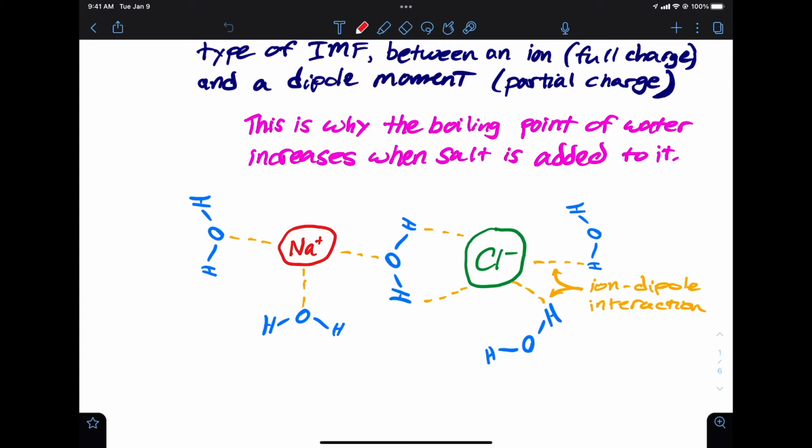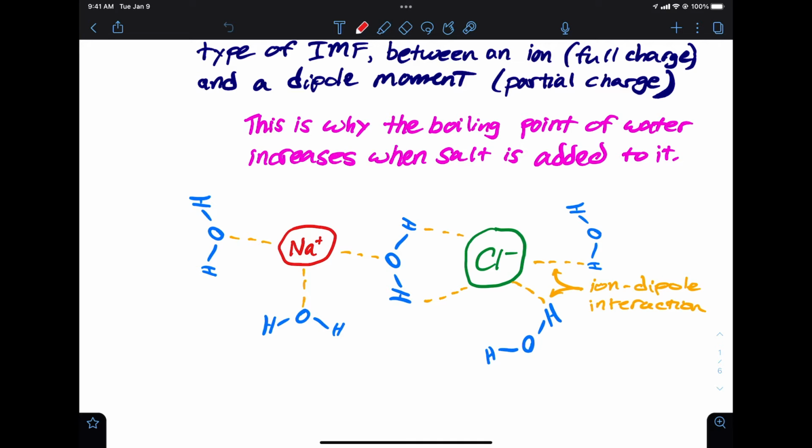So this is an interaction, an intermolecular force between the positive end of a dipole and a negative ion, an anion, or the negative end of a dipole, say the oxygen, with a positive ion, a cation. Okay, so those are ion dipole interactions.